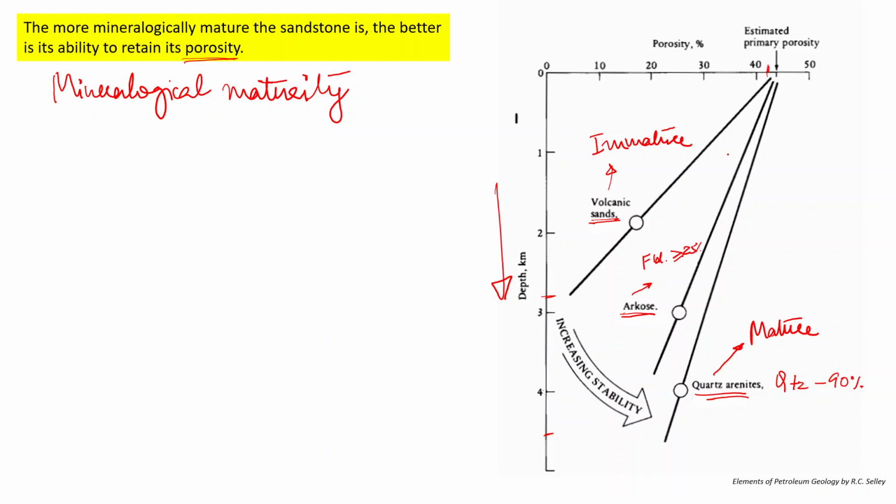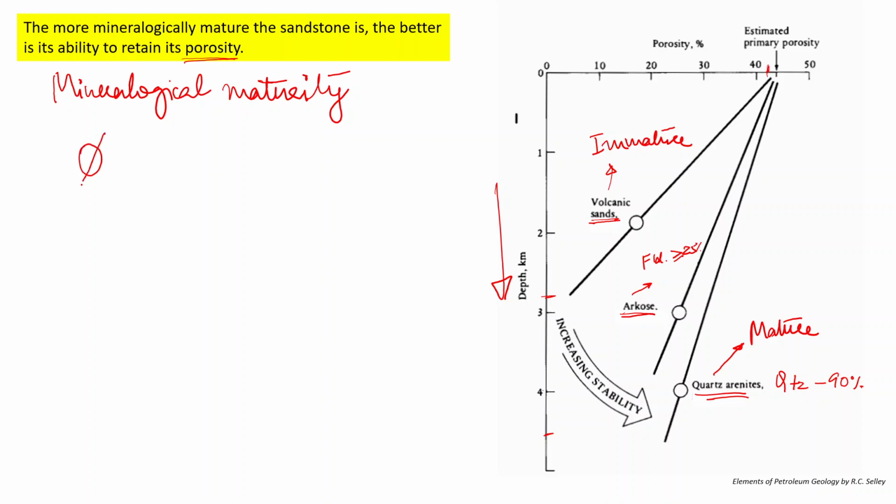Arkoses go from 45% to 20%, while the volcanic sands have their porosity change from almost 40% to 5%, and this is only because of the mineralogical maturity. So volcanic sands are most immature, while quartz arenites are the most mature kind of sandstones. Therefore their porosity values change.